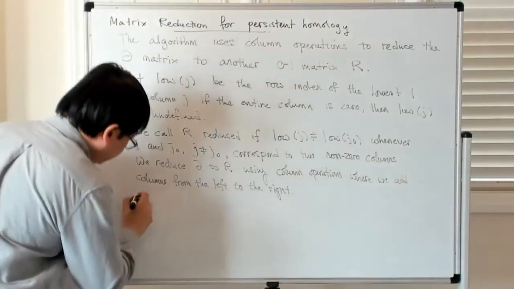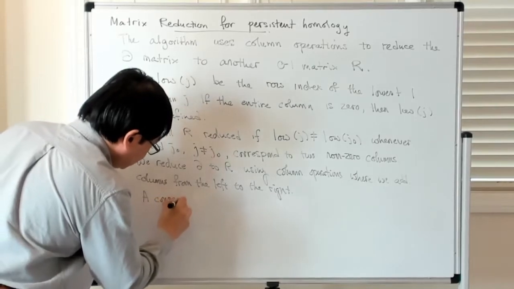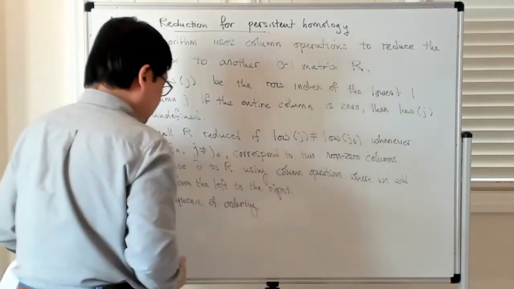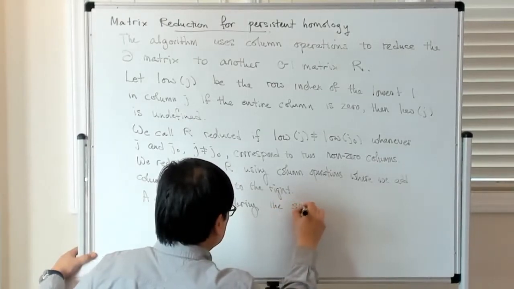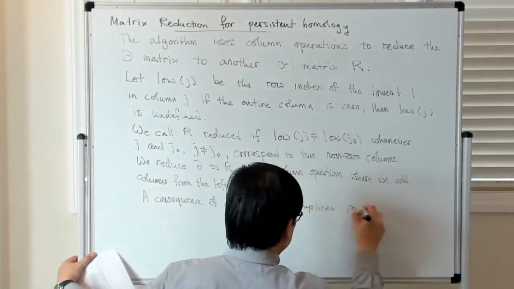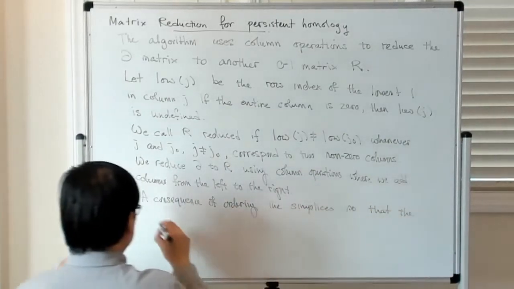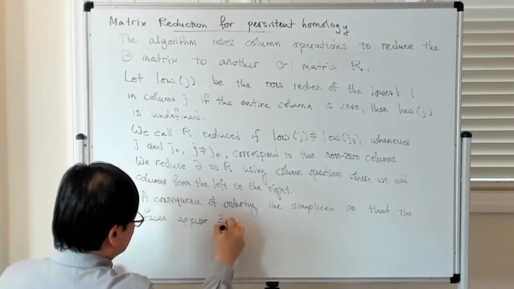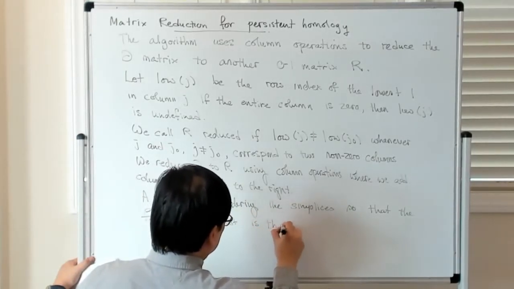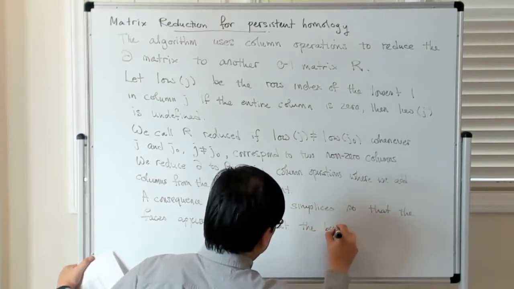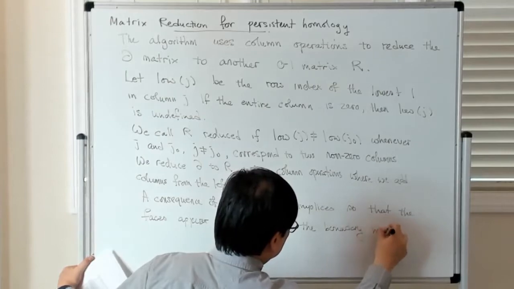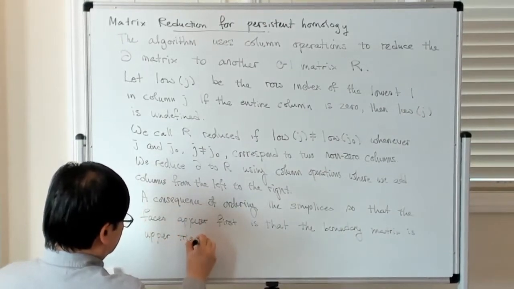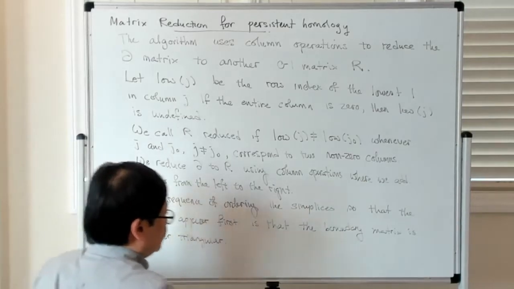So a consequence of ordering the simplices so that the faces appear first, if you will, is that the boundary matrix is upper triangular, right? Okay, so that's an observation.